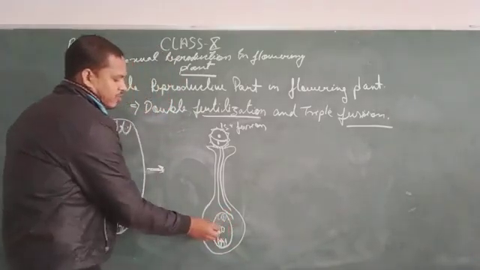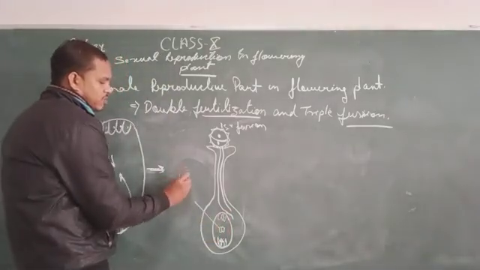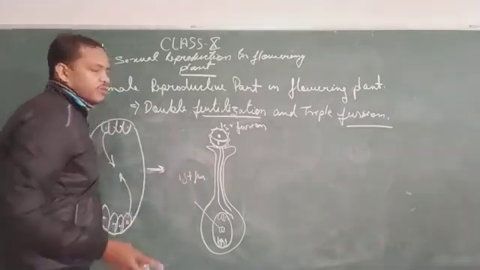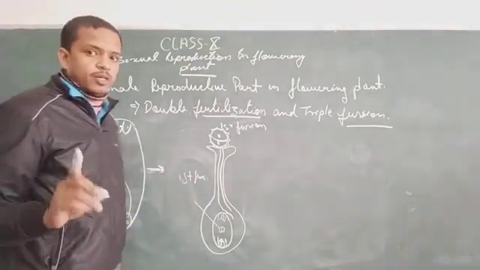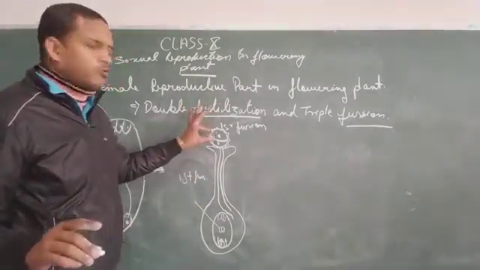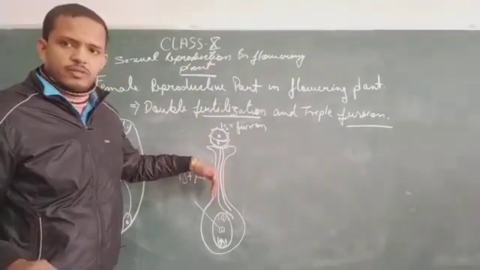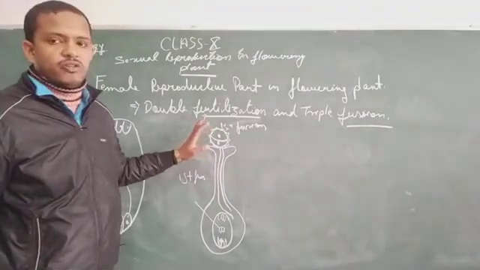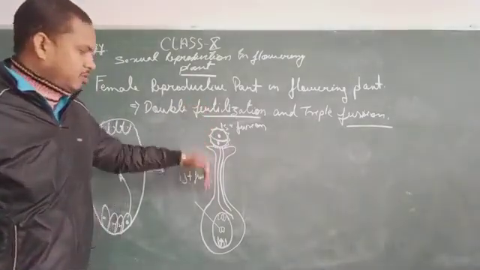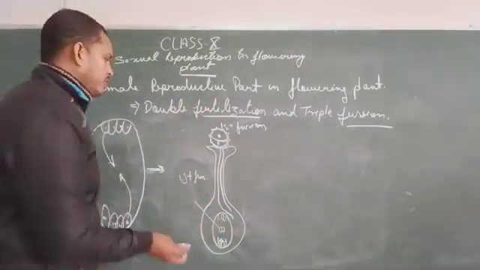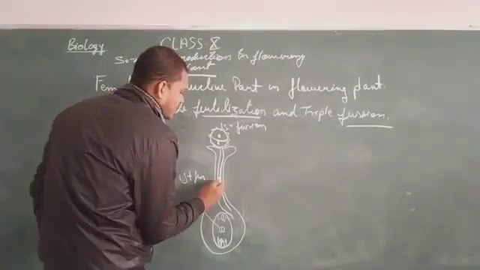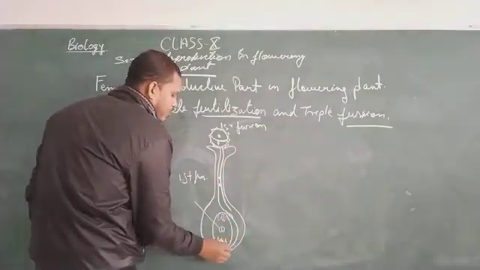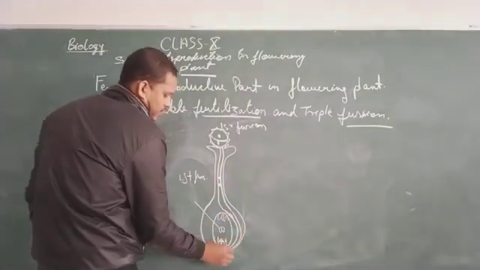The first fusion, I told you, is when the polar nuclei fuse. Now, through the pollen tube, these 2 male gametes, the generative and vegetative gametes, are transferred. They start moving towards the ovule, and the pollen tube enters the ovule.